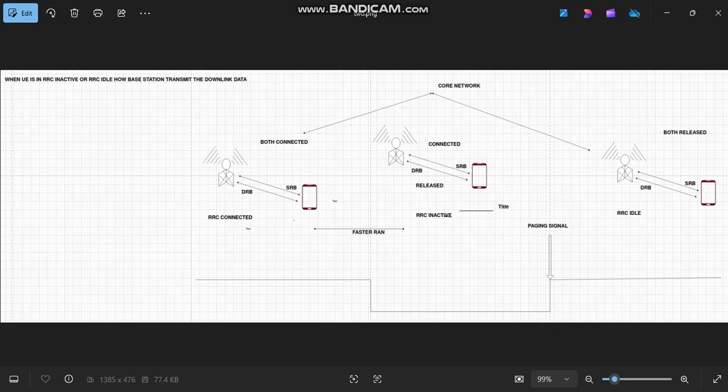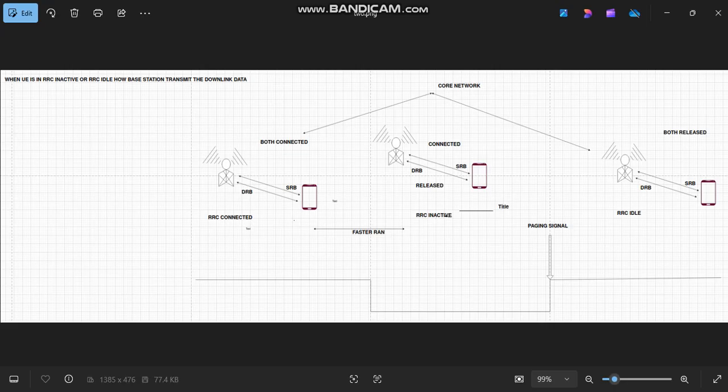So that is the one main big question that lies in this concept. Think about this carefully: when the UE is in RRC inactive or RRC idle, how does the base station transmit the downlink data?